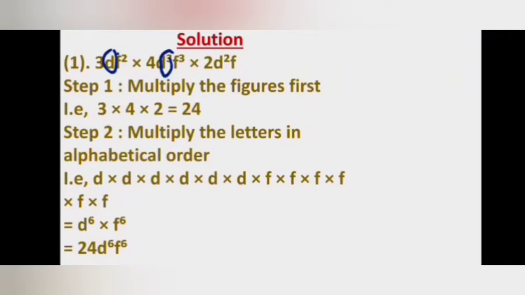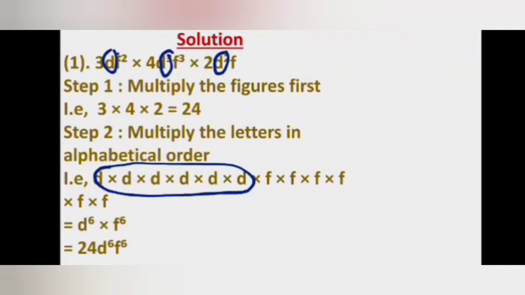Then the other one we have d squared. So when you expand them, 1d, 3d plus 2d, altogether gives us 6d. You spread all the d and multiply them out. So we have d to the power 6.